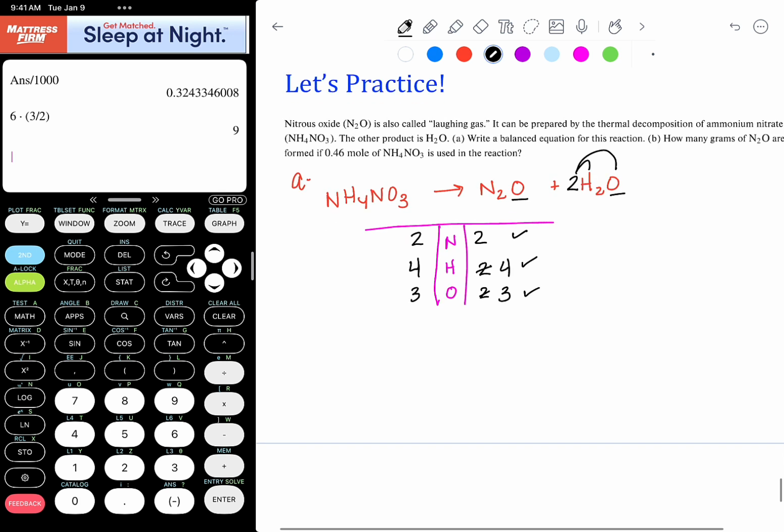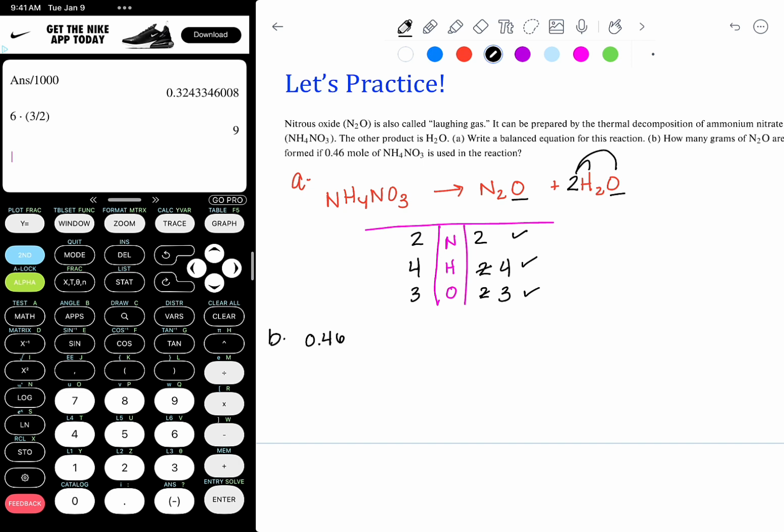So, the second part of the question says, how many grams of N2O are formed if 0.46 moles of ammonium nitrate is used in the reaction? So we're starting with 0.46 moles of NH4NO3, and we want to somehow get to grams of N2O.